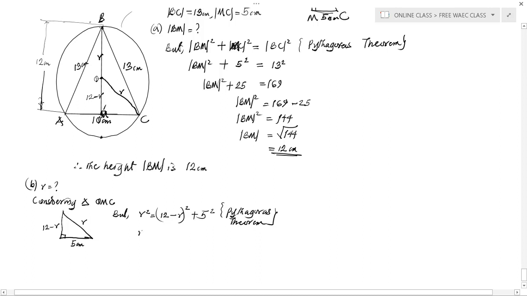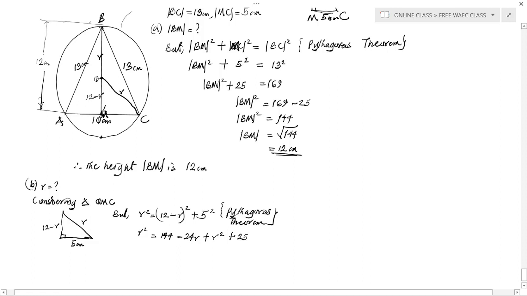Now here we have R squared equals, some students will just square 12 and R and say minus. No, it's not like that. This is same thing as 12 squared, which is 144, minus 2 times 12 times R. That will give you minus 24R. Then minus R squared will give you plus R squared. Plus what? 25, which is 5 squared.